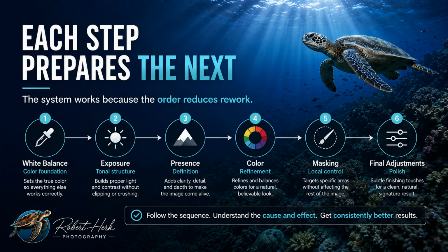Masking targets specific local problems without changing the whole photo. Final adjustments add the polish at the end. When you follow the sequence, you understand the cause and effect. You know why an adjustment is working, and you know what to do next. That is where consistency really comes from.